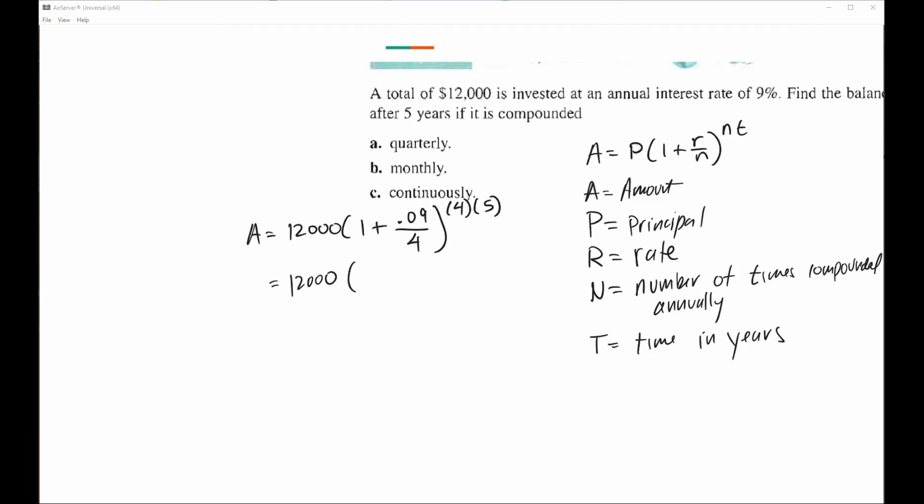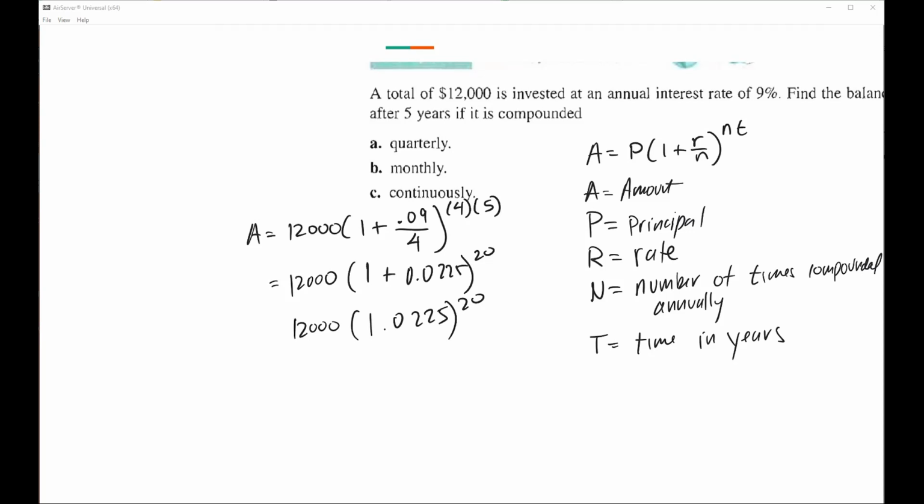Okay, and then 1 plus 0.0225 to the 20th power, right? So you're pretty much multiplying this out, 12,000 times 1.0225 to the 20th power. So what do you do first? 1.0225 to the 20th power. Let's do that.